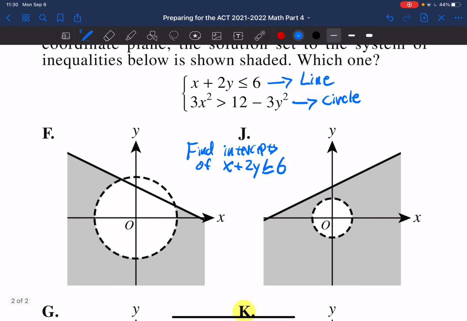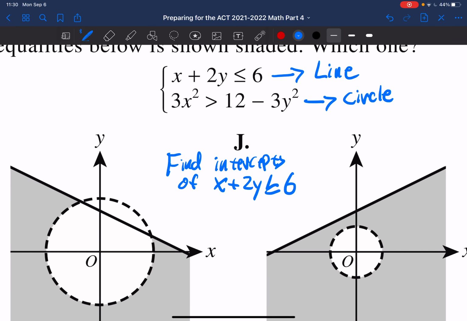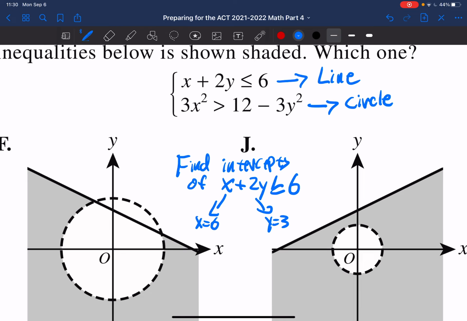And so what you do is you cover up either the x or the y. And so if I cover up the y, that means x equals 6. And then if I cover up the x, I get y equals 3. So I'm looking for a line that has both a positive x and a positive y intercept.